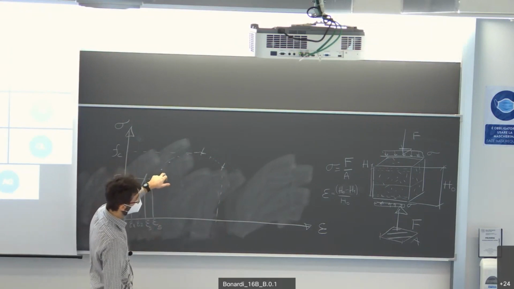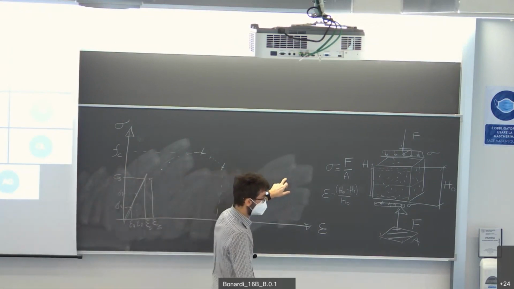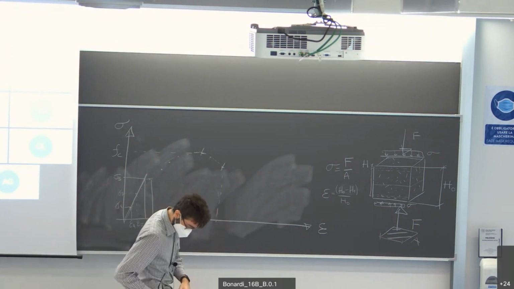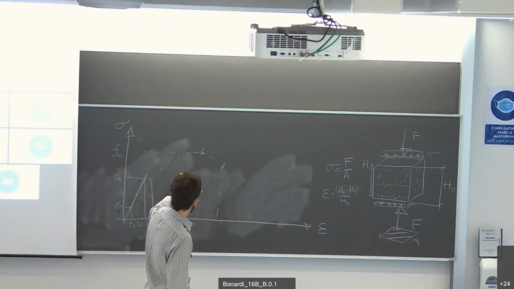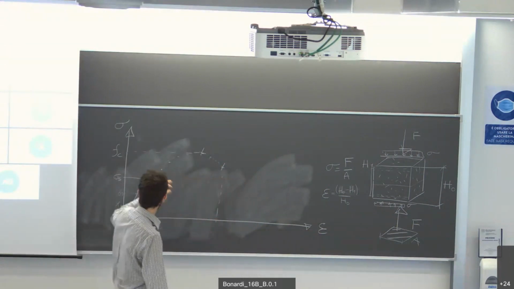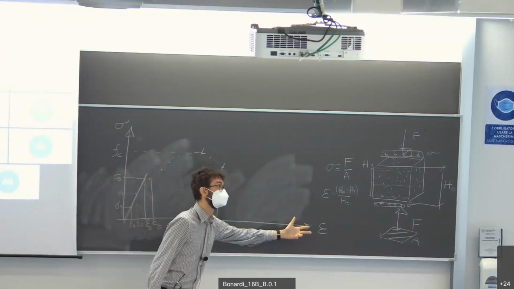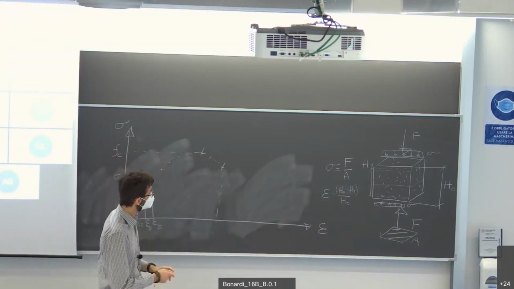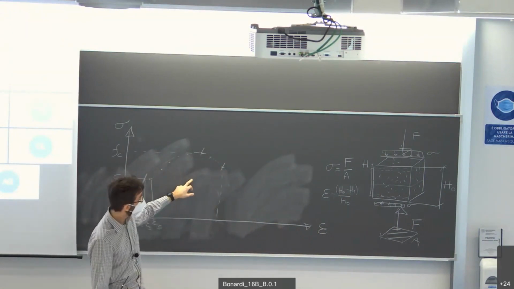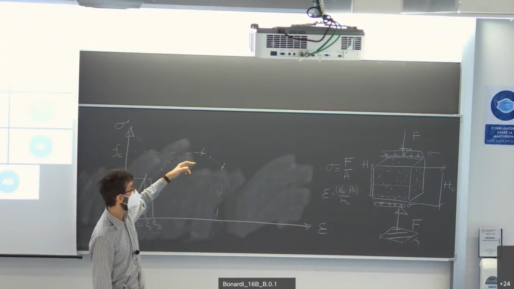This will come in handy when we need to compute the bending behavior, the behavior in bending condition. Okay, and we will need to know how to move from strain to stress, because this is what happens for the concrete, but the steel will behave differently.